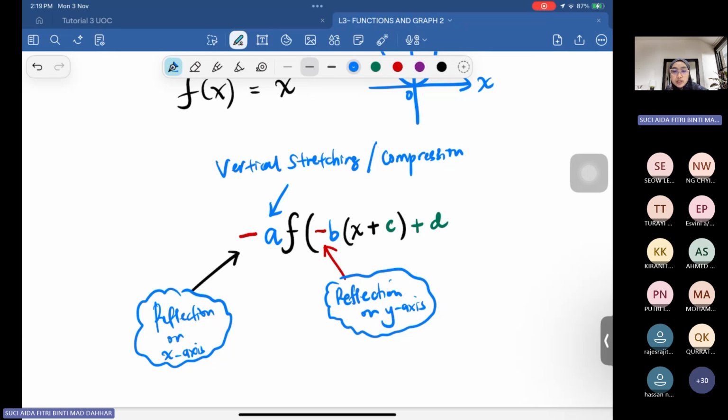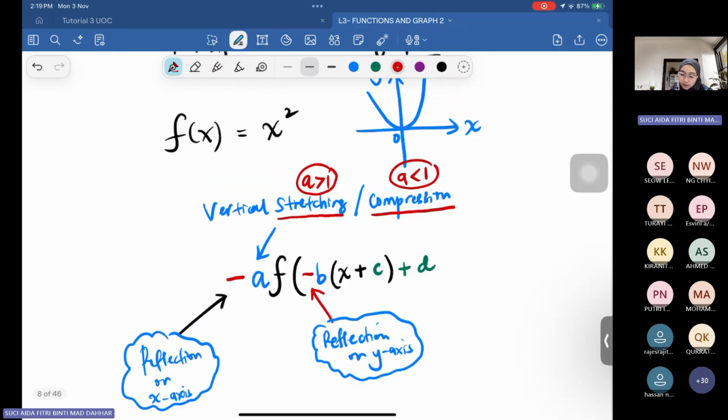How do we know whether we stretch vertically or compress vertically? It depends on the value of a. If your a value is greater than 1, then it becomes stretching. If your a value is less than 1, it becomes a compression.